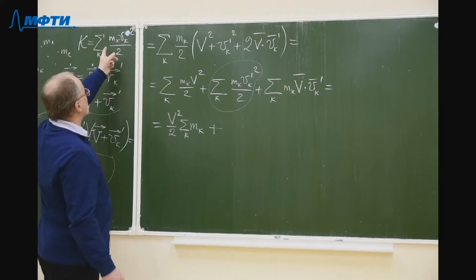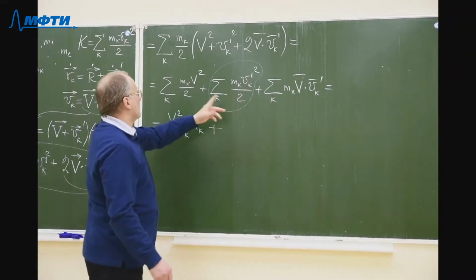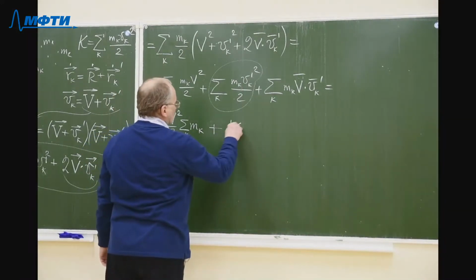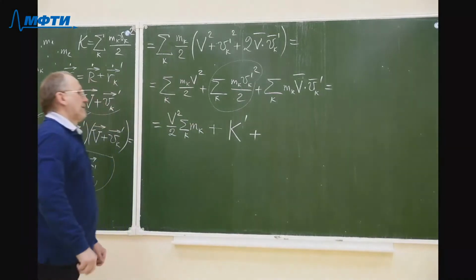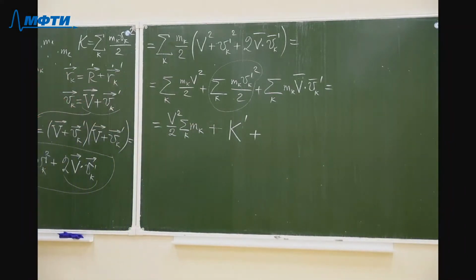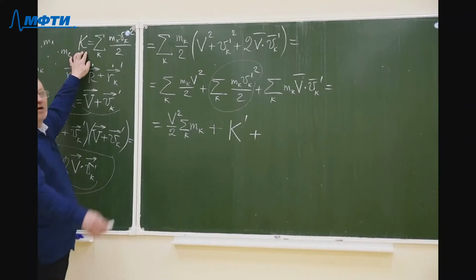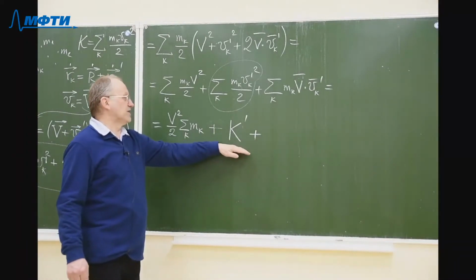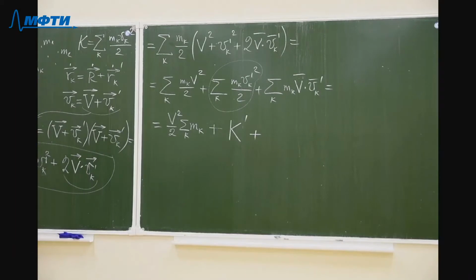The same expression, only Vk substituted by Vk prime. So the second term is the kinetic energy with respect to the second reference frame. So I already have some relationship between the kinetic energy K measured in the first reference frame and the kinetic energy of the same system of particles measured in the second reference frame. Some relationship already is here.